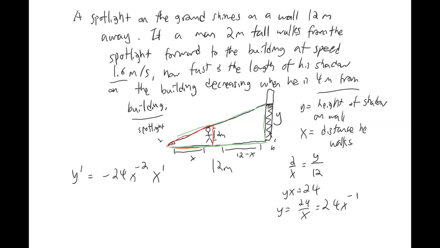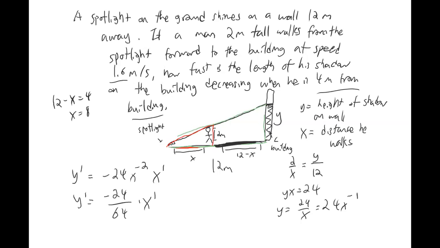This is the building, by the way, the wall, whatever you want to call it. If he's 4 meters from it, how much has he walked? The whole thing is 12 meters, so if 12 minus x is 4, x is 8. So y prime is negative 24 over 8 squared, 64.